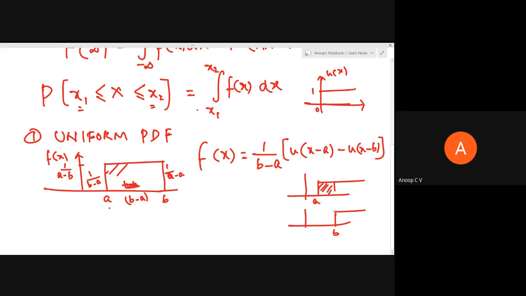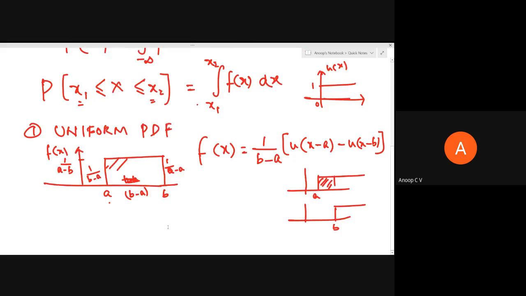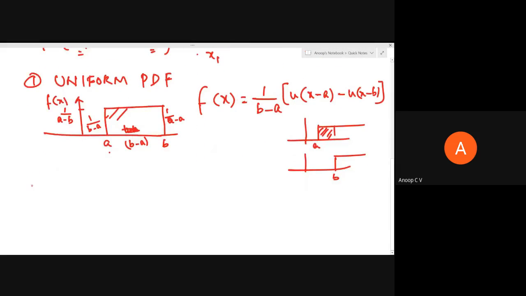So what will be the probability distribution function of this? The cumulative distribution function, right? It will be the CDF, that is capital F of x, which at any given x is given by the integral from minus infinity to x of f of x dx, right?